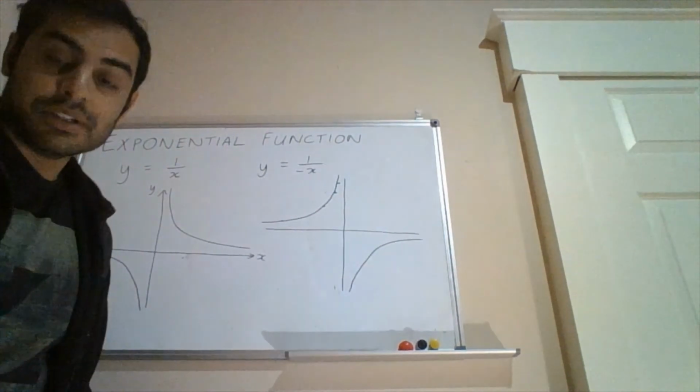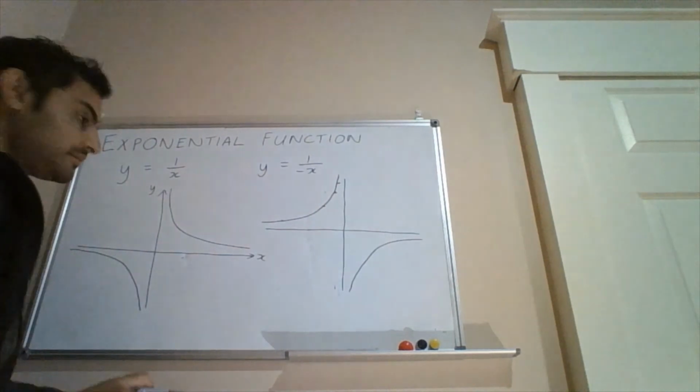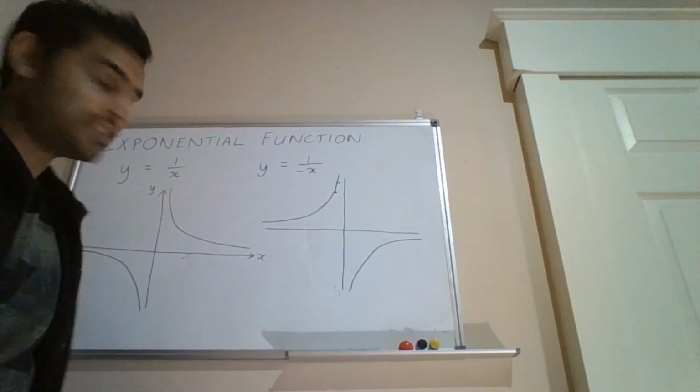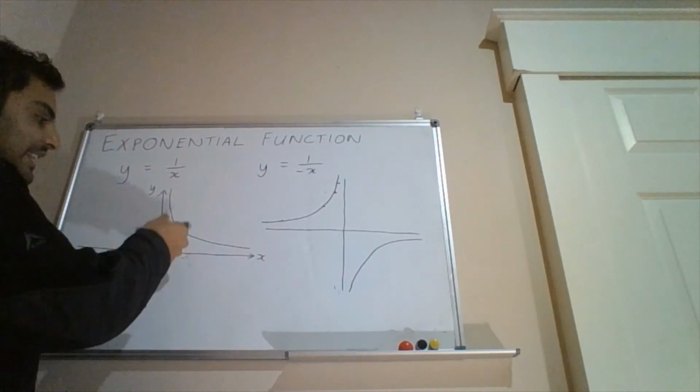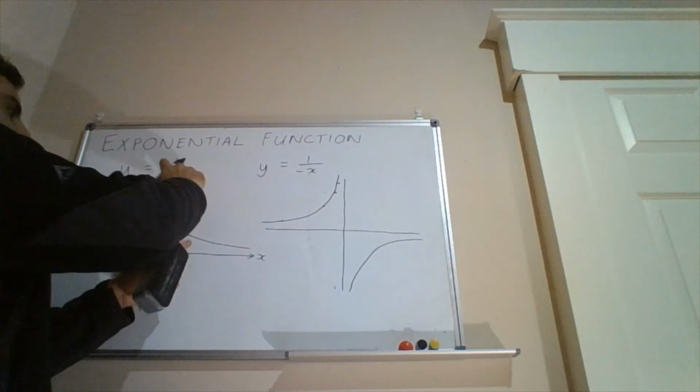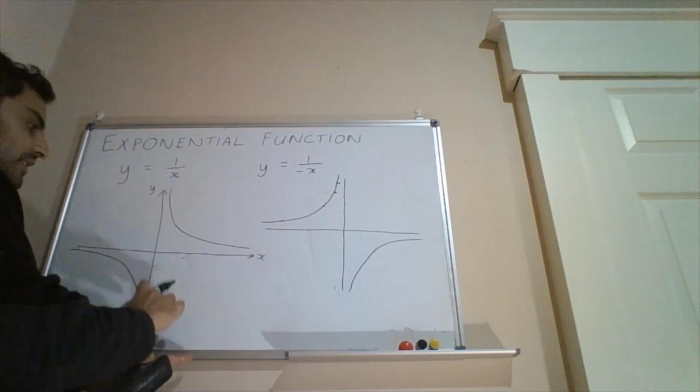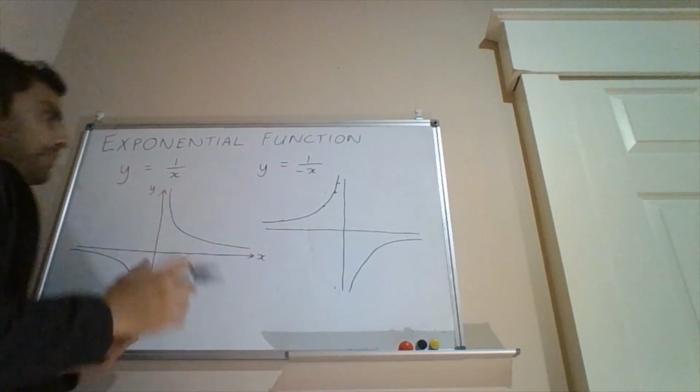And this is what our reflected graph would look like. Now let's look for a flip about the x-axis. So we would flip the upper branch this way and the lower branch up.